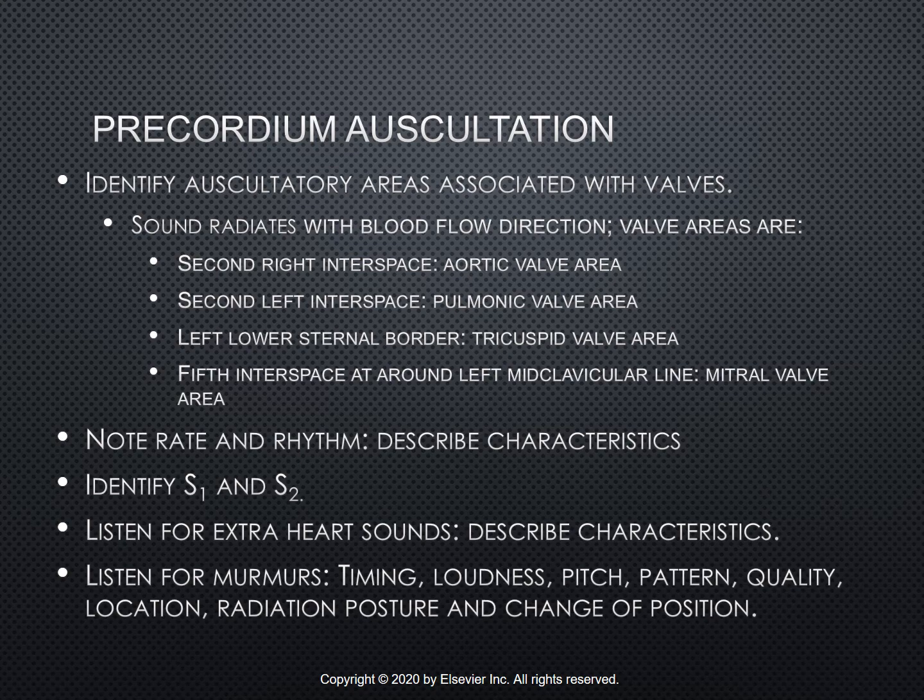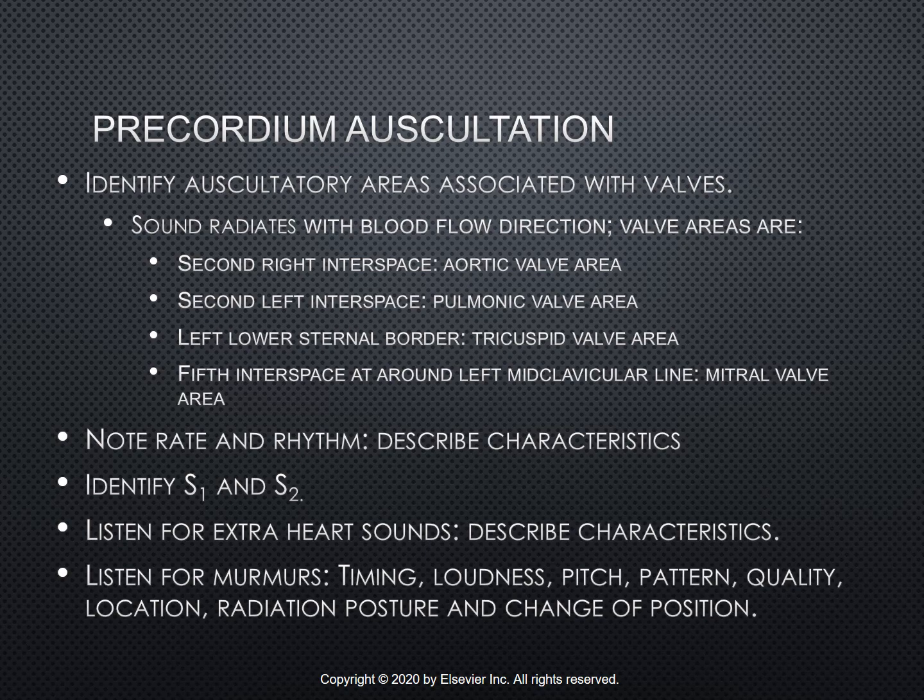And then the fifth intercostal space, mid-clavicular line to the left of the sternum, you will hear the mitral valve. It is in the same area as the apical pulse. So, the only valve you'll hear on the right side of the sternum is the aortic valve.